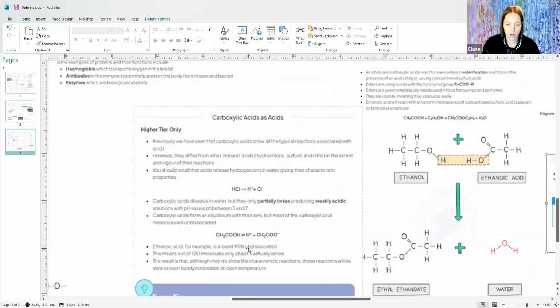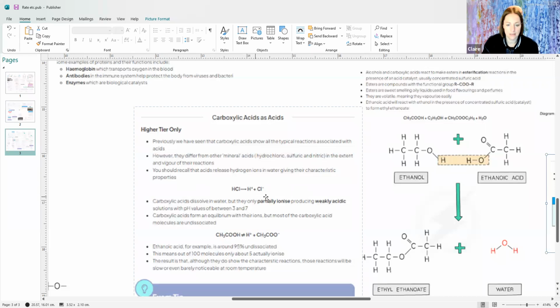Higher tier only: carboxylic acids as weak acids. They differ from other mineral acids in their characteristic hydrogen properties. So if you remember acids before, acidity is basically the dissociation of the hydrogen ion from whatever source it is, the hydrochloric, sulfuric, or nitric acid.